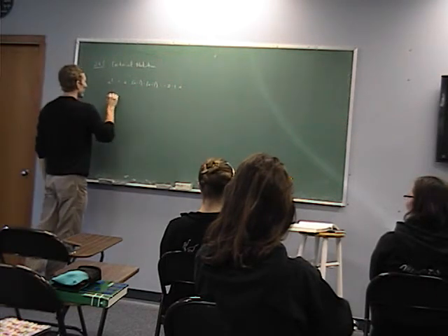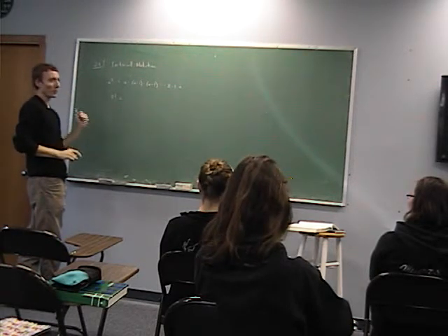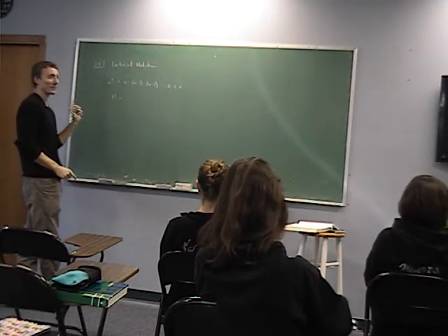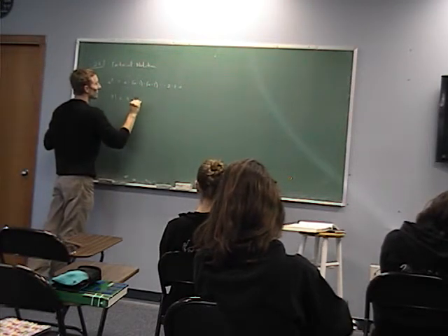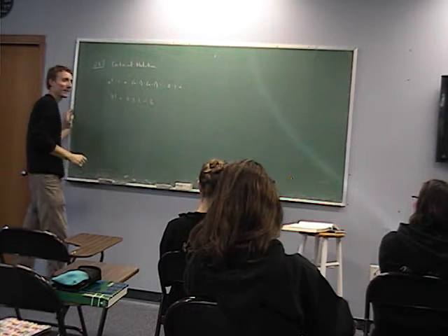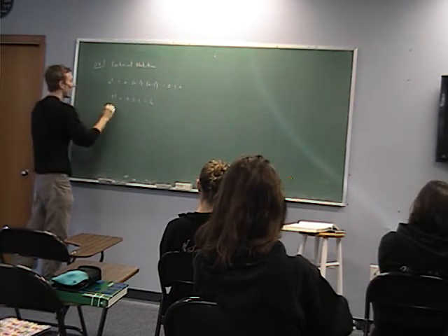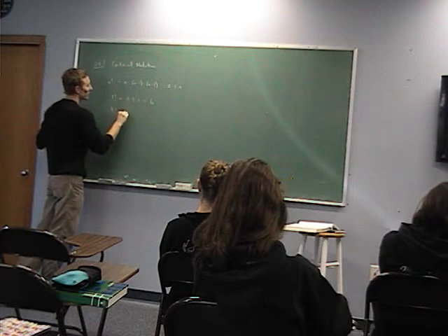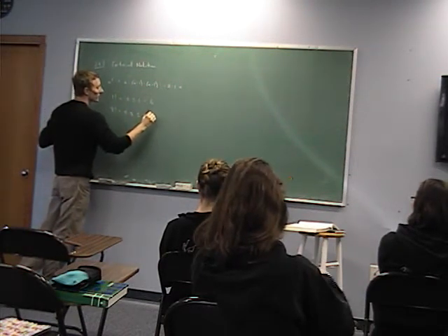So 3 factorial, and you read it as 3 factorial, not 3, right? That's 3 times 2 times 1, or 6. That's all. 4 factorial is just 4 times 3 times 2 times 1, which is 24.